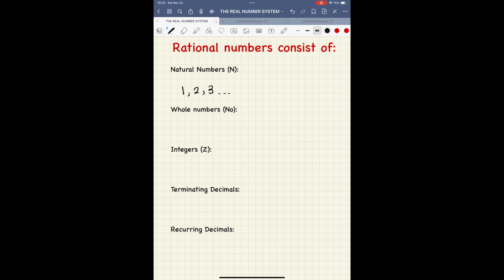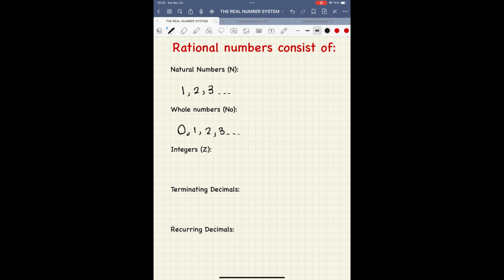And then next we have whole numbers. Whole numbers are natural numbers but a 0 is included. So the symbol of whole numbers is N with a 0, right? So when you write them down, you will have 0, 1, 2, 3, and so on. I hope you all understand what I'm saying.